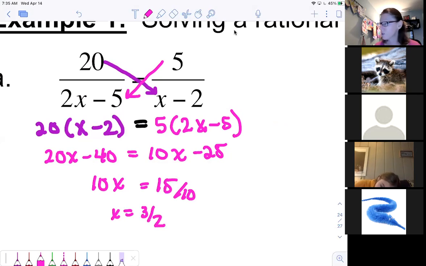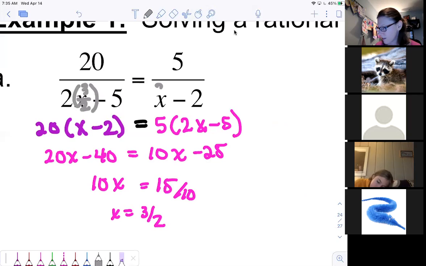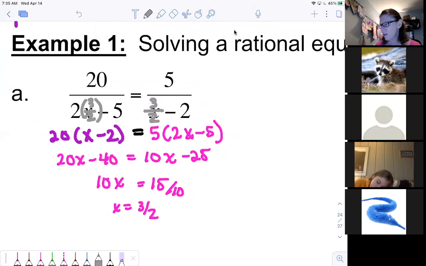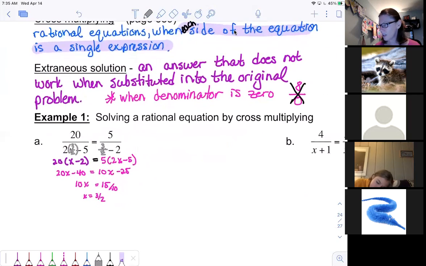So a real quick check here. After you find your solution, you want to take that solution and plug it in for x. So an extraneous solution is an answer that does not work when substituted into the original problem. In our case, it's when it makes the denominator 0.